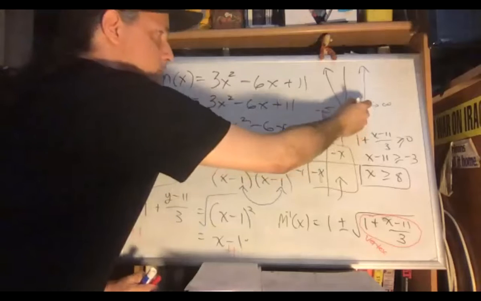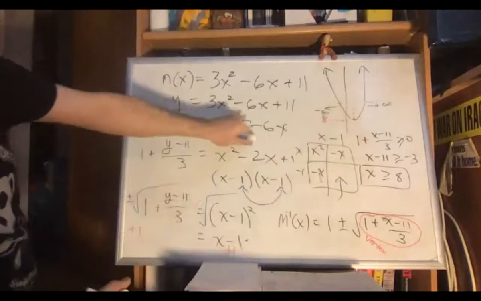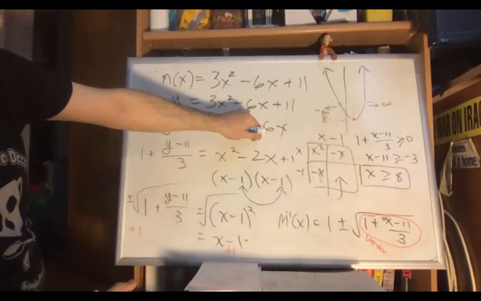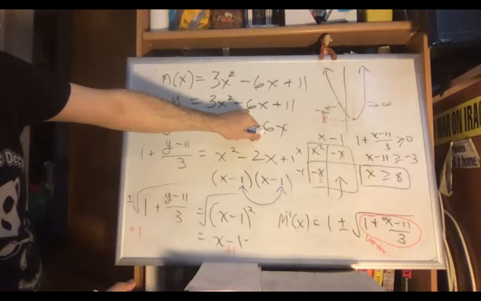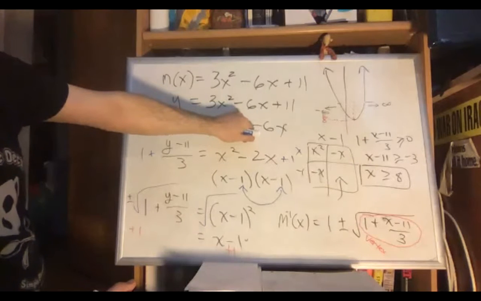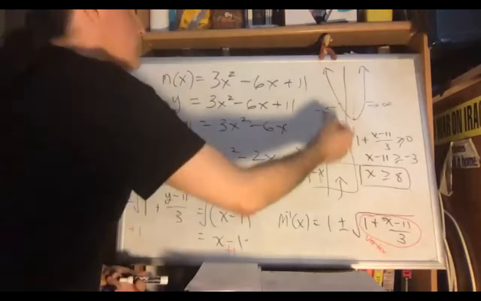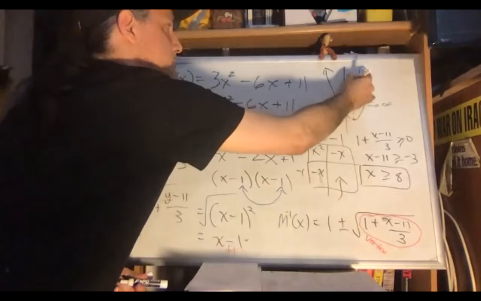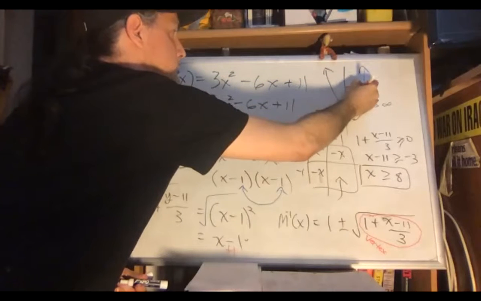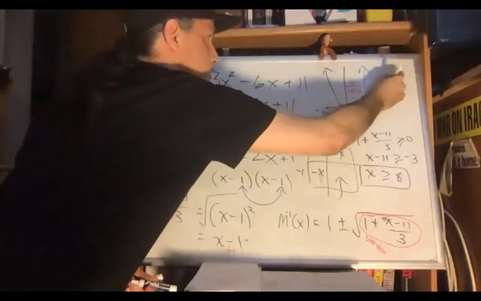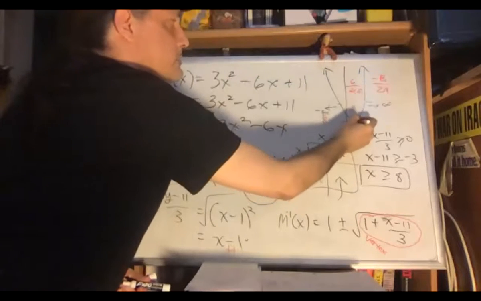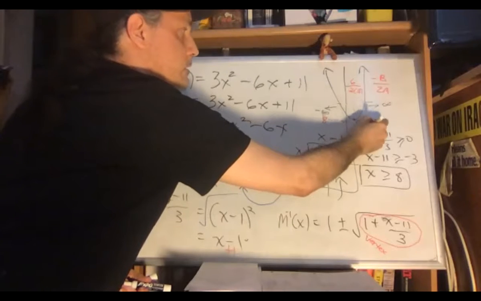And whatever the axis of symmetry is, that would be negative b over 2a, right? Negative b over 2a. So the opposite of negative 6 over 2 times 3, right? So that means this point right here is 1, 8.